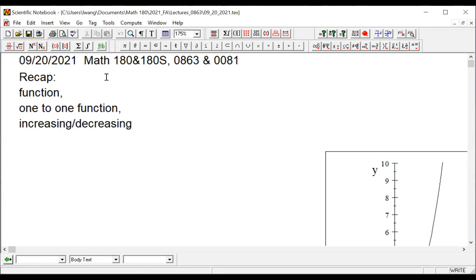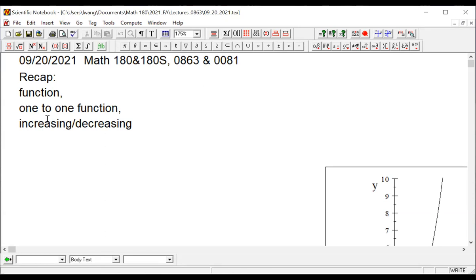From these concepts, we study the relationship between 1-to-1 function and the increasing, decreasing function. Increasing or decreasing functions are called monotone functions. This is just another word you might encounter in the future or not.